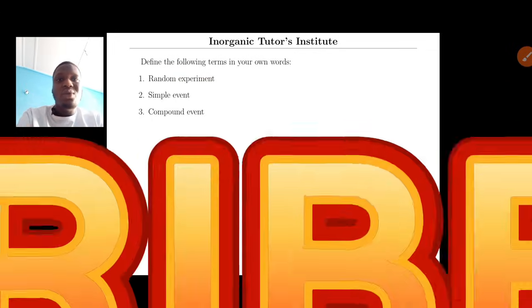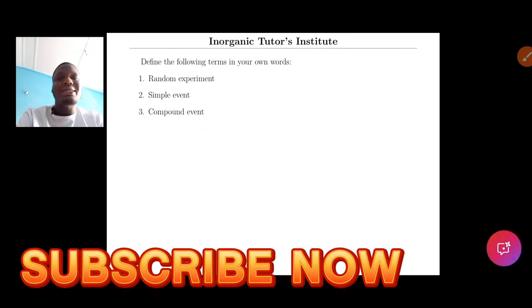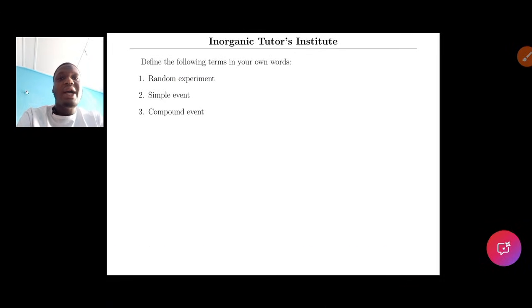You can get a 2, you can get a 4, you can get a 6. So once we have 2 or more outcomes from the sample space, we call it a compound event. So I believe these 3 terms are well understood as they should be. So we proceed to the next set of questions.